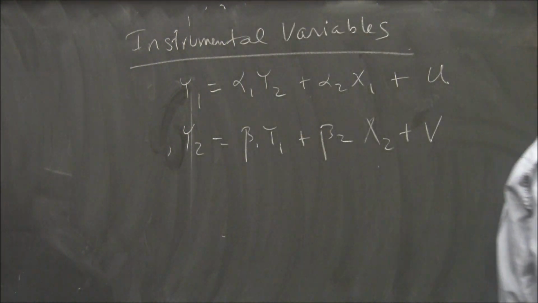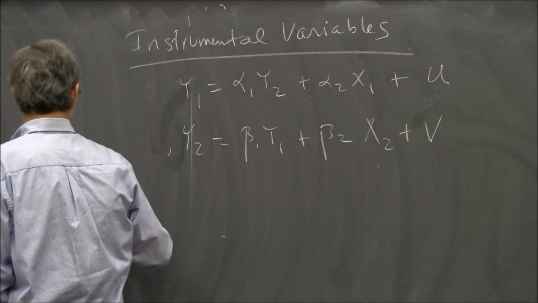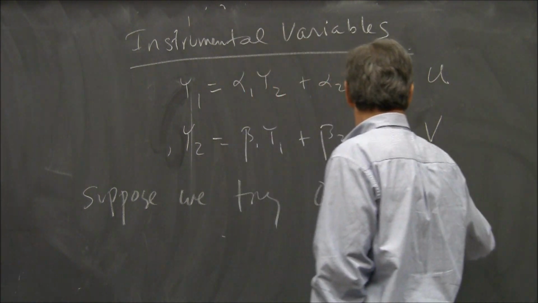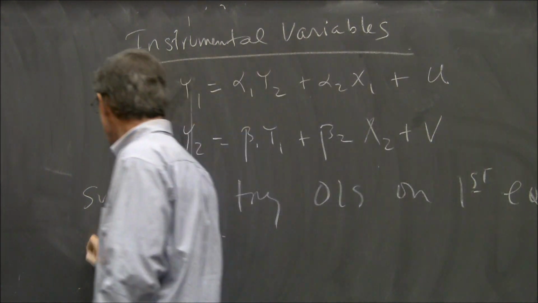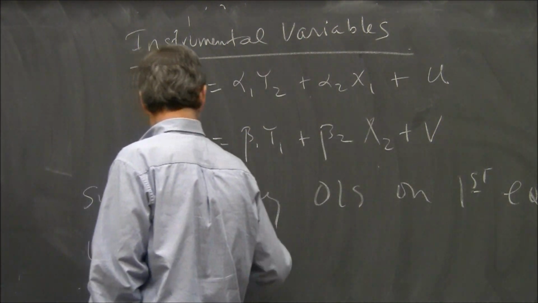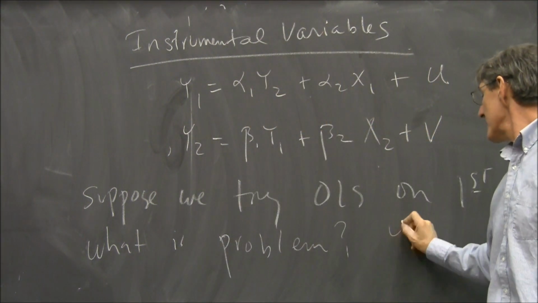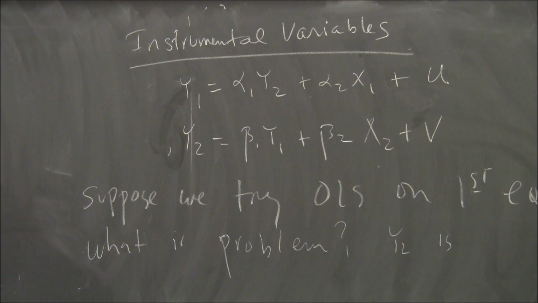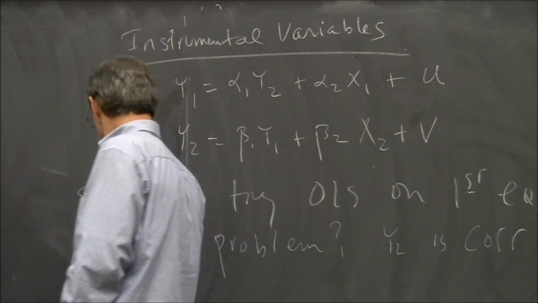Now, what's the problem with this system? Suppose we try OLS on the first equation. What's the problem? We already talked about this quite a bit. The problem is that y2 is correlated with u, the error.